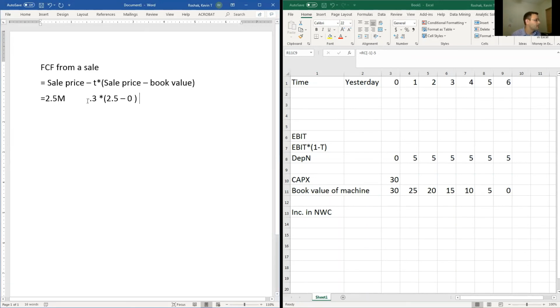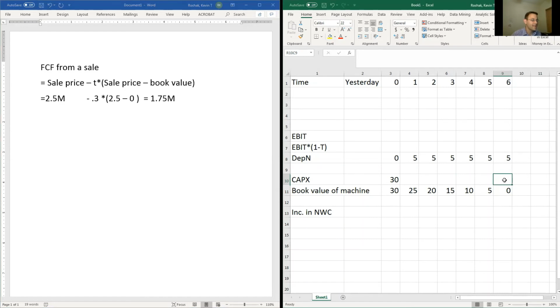So that means that we're going to pay taxes of 30% on the $2.5 million proceeds. Okay, so that's 0.75 in taxes. So we're going to be left with 1.75 million in reverse CAPX when we sell this stuff.